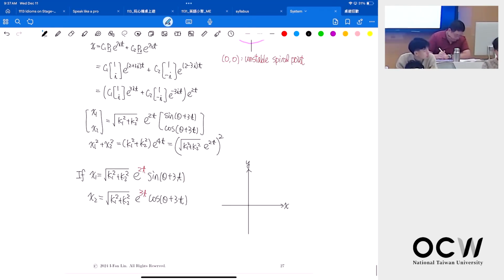Then this becomes x1 squared, x2 squared.